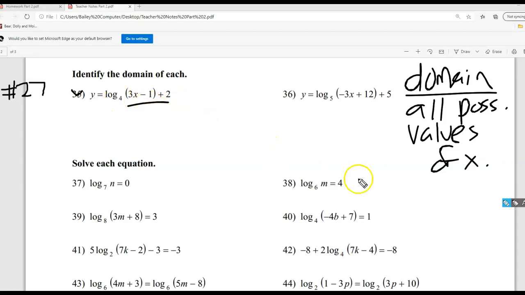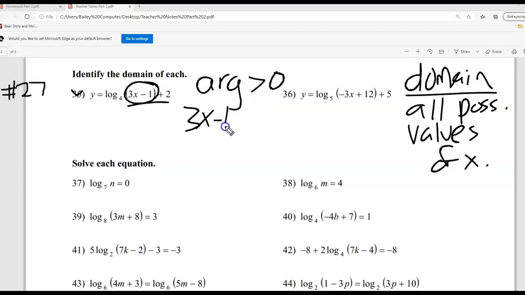And so logarithms have a limitation. Here's the limitation. We talked about earlier that the argument of a logarithm has to be greater than 0. And so my argument in this case is 3x minus 1. And therefore, if I solve for x, I can find my domain.